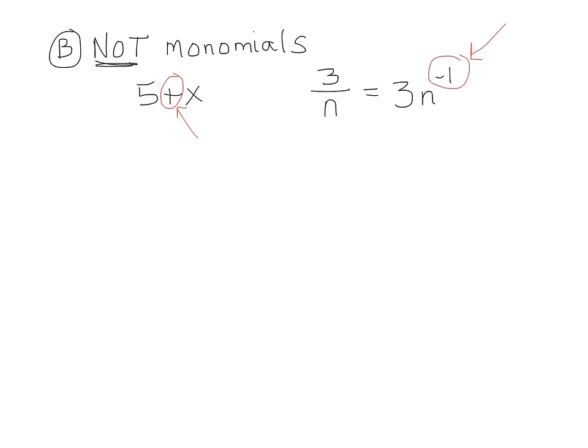Another thing that's not a monomial, 8 to the x, because we don't know, x could be anything. But if it's a monomial, it can only be whole numbers. Can't have a variable exponent. So those are things that are not monomials.